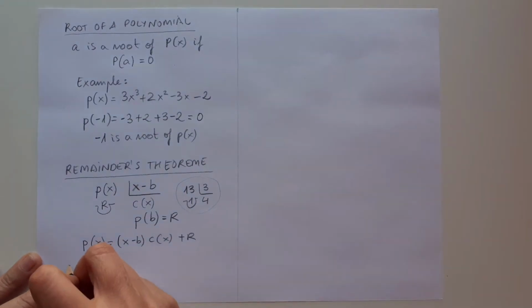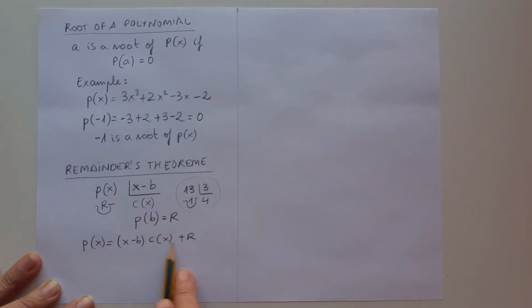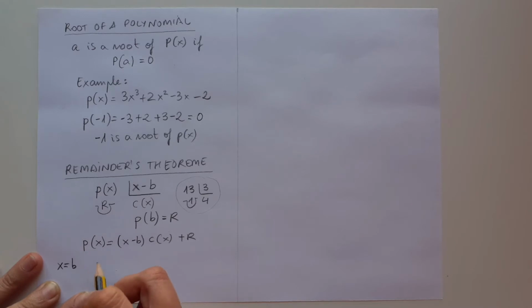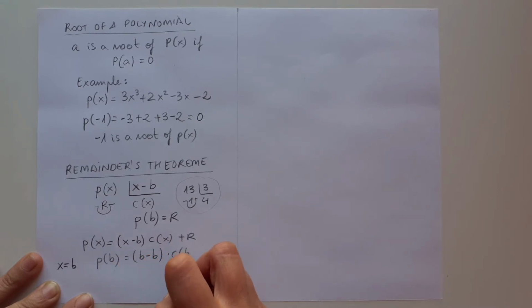So this is true for every value of the variable of the polynomial. Let's say that we consider that x will be b for us. So instead of x, we always write b. P of b would be b minus b times c of b plus r. b minus b is 0, and 0 times something would be 0.